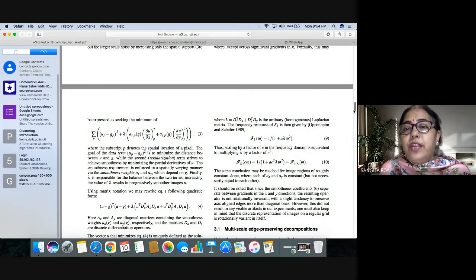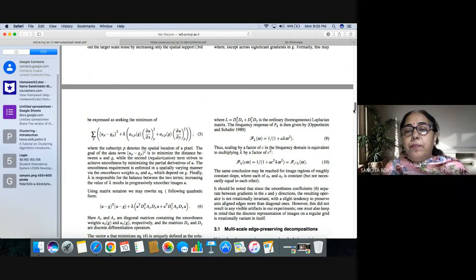It should be noted that since the smoothness coefficient in equation 6 separates between gradients in the x and y directions, the resulting operator is not rotationally invariant, with a slight tendency to preserve axis-aligned edges more than diagonal ones. However, this did not result in any visible artifacts in our experiment.